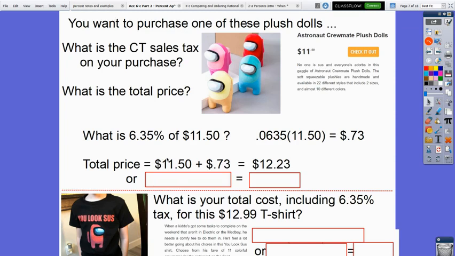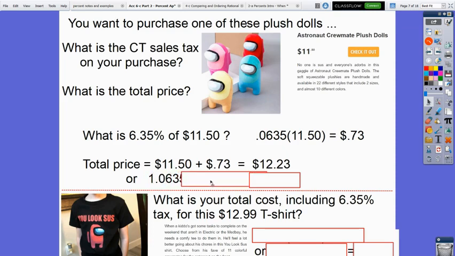And the thing you're looking at is this $11.50 here is 100% of the cost, right? And then you're adding on 6.35%. So what you can really do is find 106.35% of the original cost. You just add these things together.